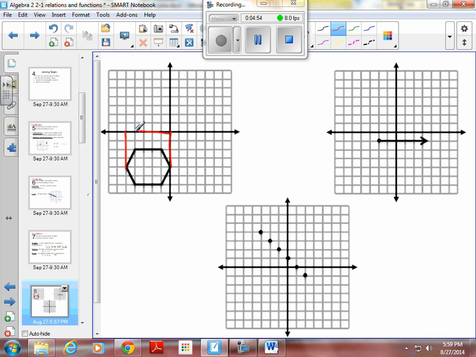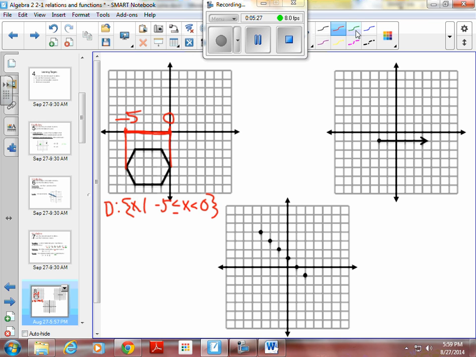So all of these points here are, in fact, part of my domain. So my domain is going to go from 0, 1, 2, 3, 4, 5, down to negative 5. So I would write this as all of the x's such that negative 5 is my lowest number and 0 is my biggest number.